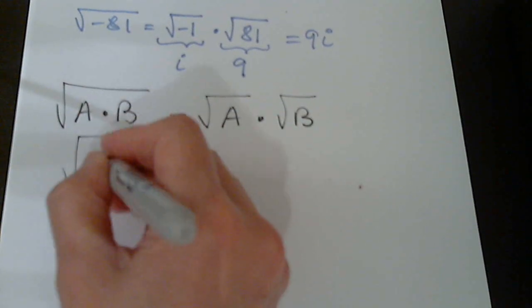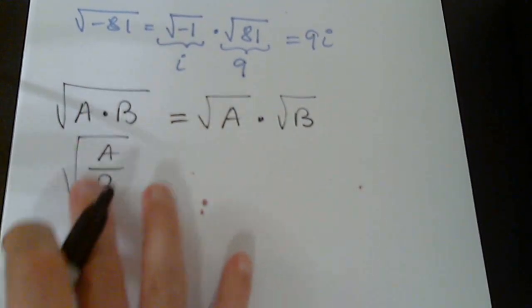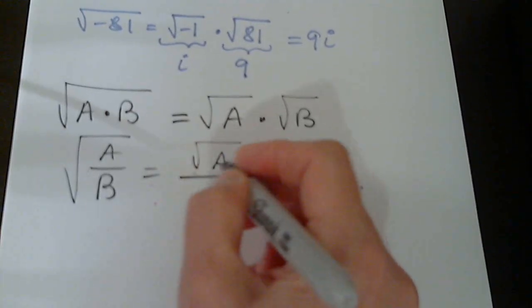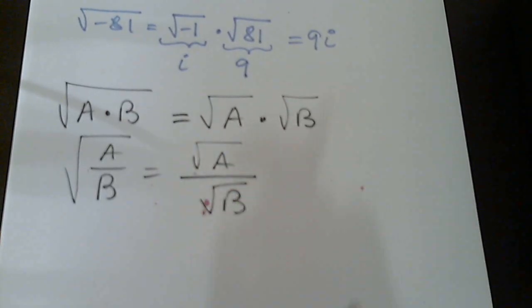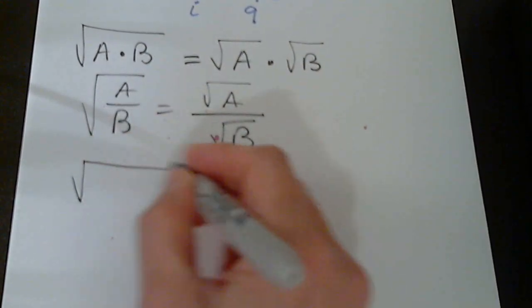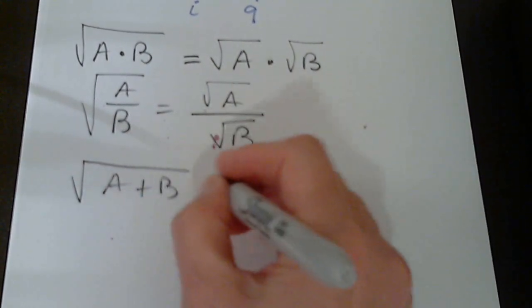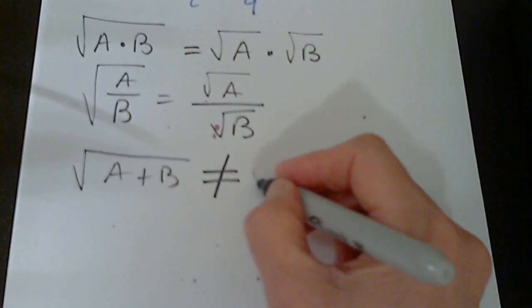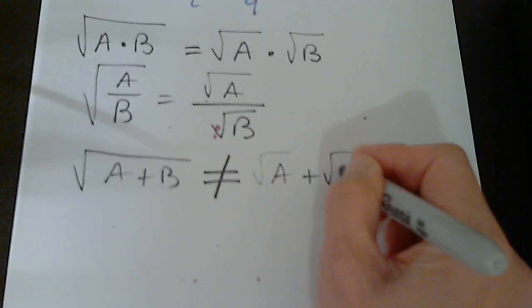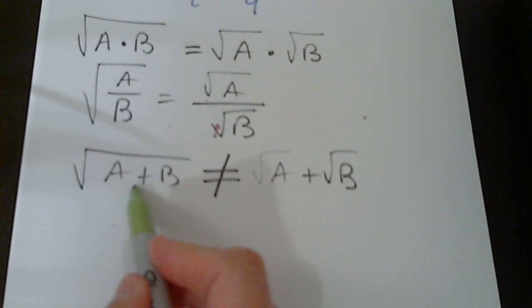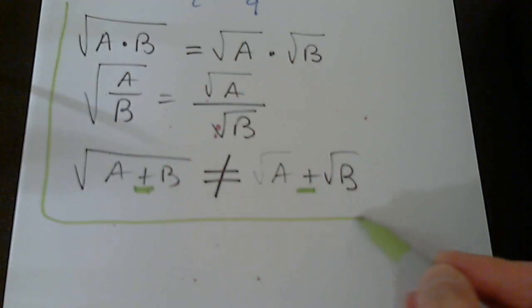The square root of a over b, assuming they're both positive, is the square root of a divided by the square root of b. Please be very careful. The square root of a plus b, do not touch. Do not ever attempt this. And if you have minus, please do not. So remember these three rules, please.